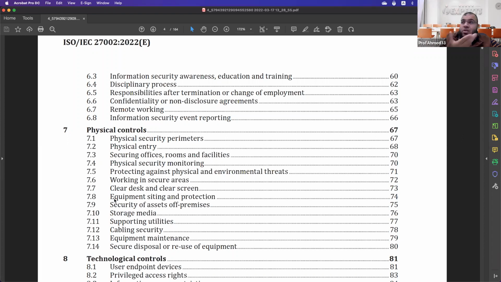Maybe I have some assets off premises. Maybe I host my data in a data center, fine. So these are some assets out of my premises. Storage media, supporting utilities, cabling security, equipment maintenance, and finally secure disposal, secure deleting, or how you will be able to reuse your equipment.